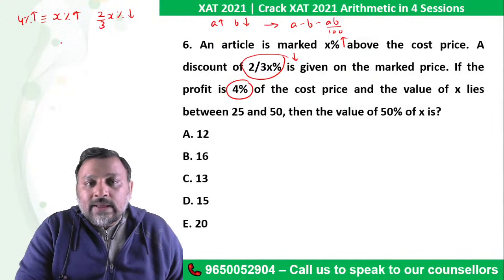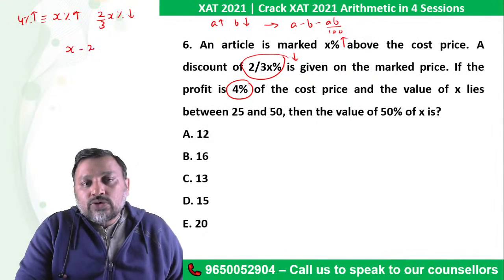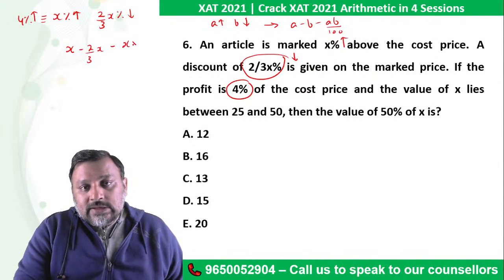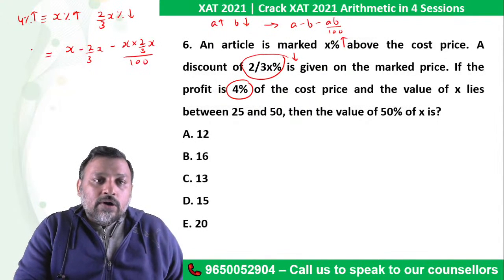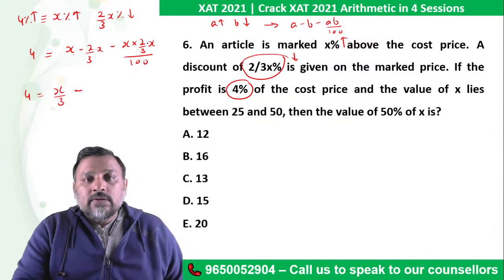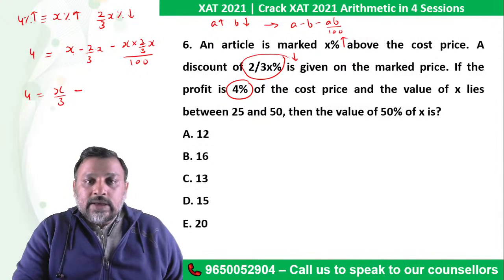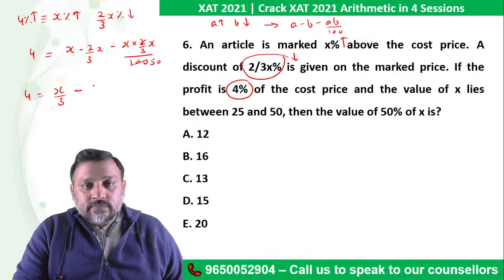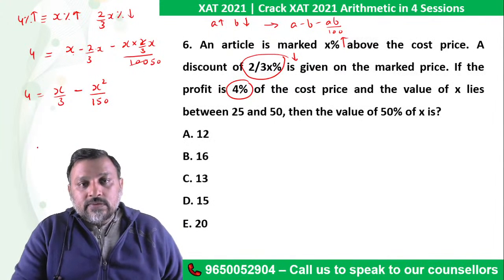You just need to apply this. So it is X minus 2 by 3 x minus X into 2 by 3 x by 100, which should be equal to 4. So X minus 2 by 3 x is X by 3, and this can be written as X square by 150.